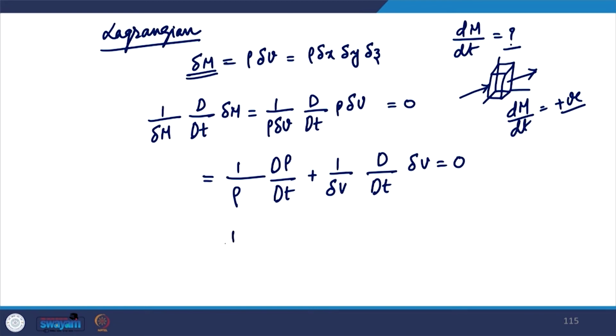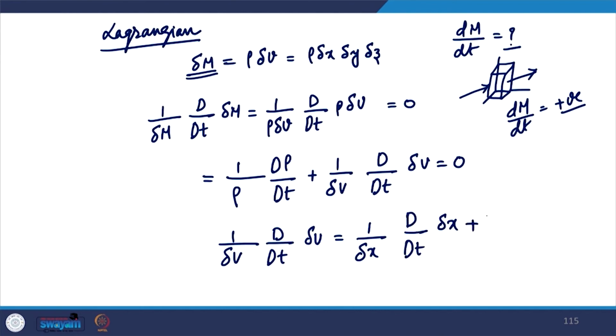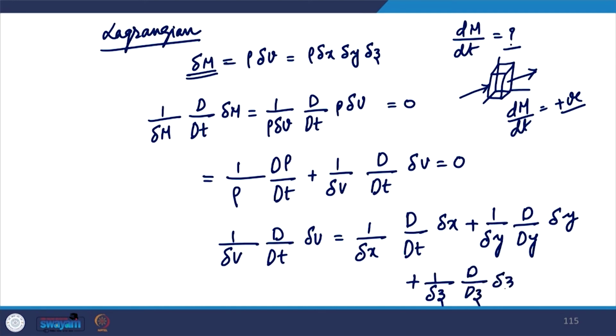But we can write this 1 by delta v d by dt of delta v as 1 by delta x d by dt of delta x plus 1 by delta y d by dt of delta y plus 1 by delta z d by dt of delta z.